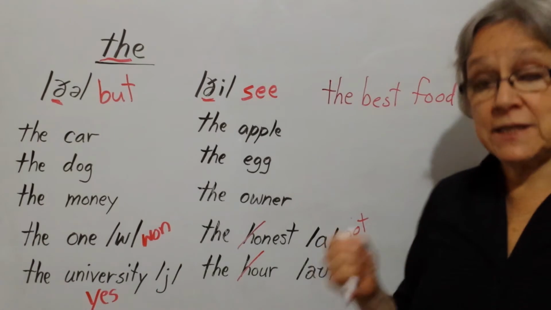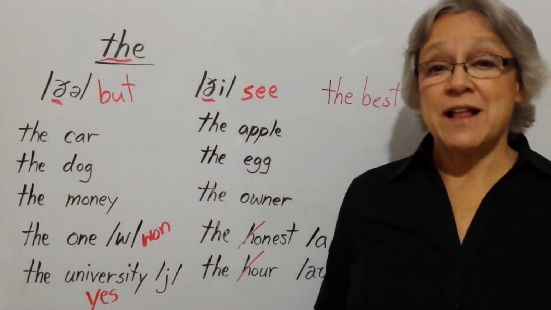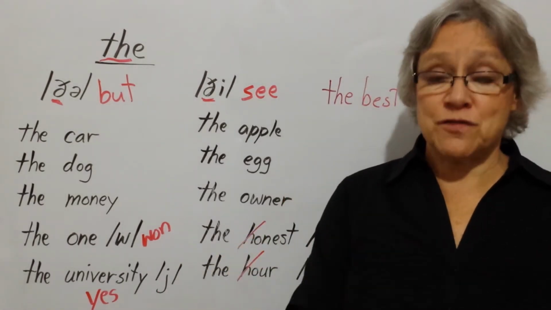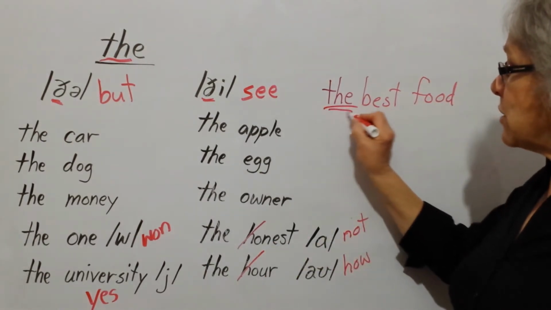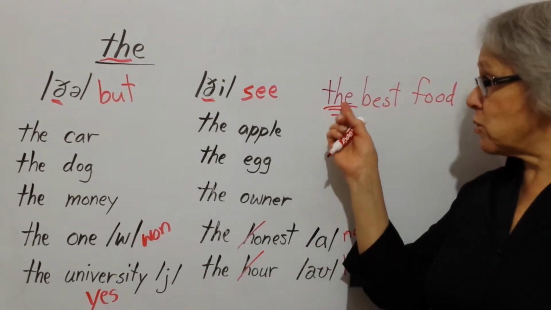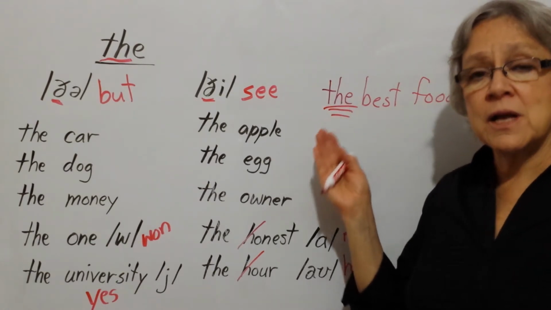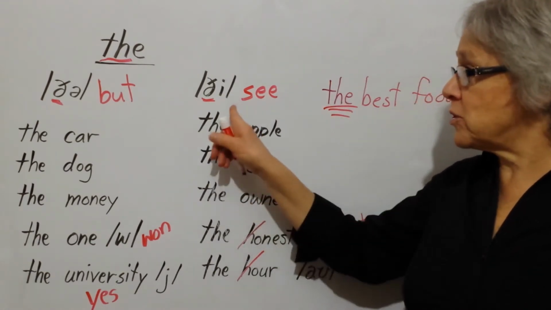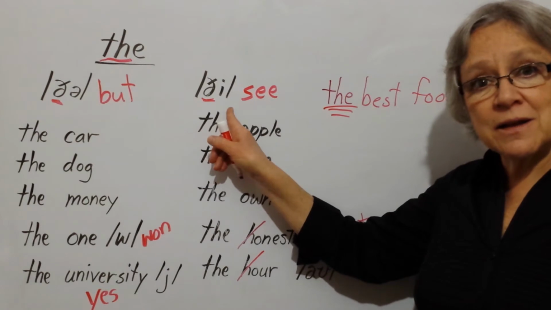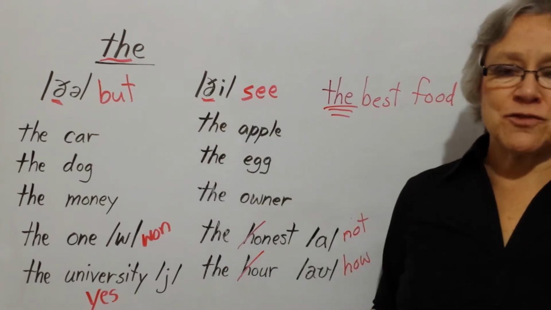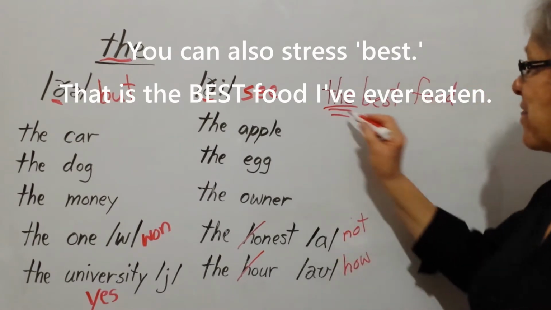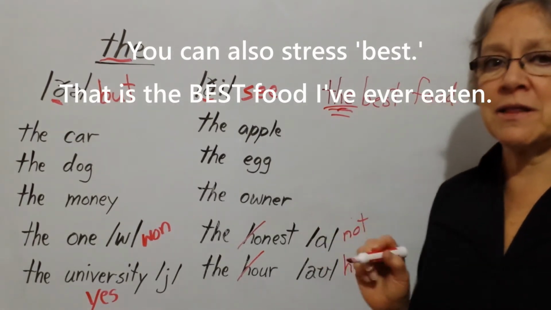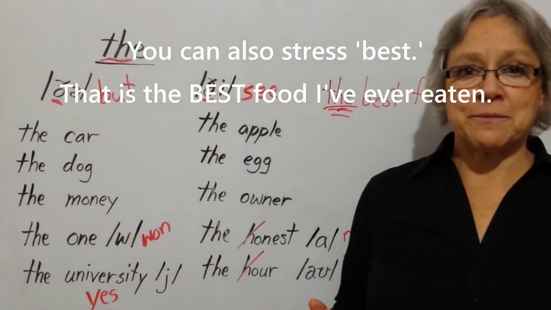But I want to really tell you, wow, this was delicious. That is the best food I have ever eaten, okay? So I'm really going to stress the word, which is normally the, but because I'm stressing it, I'm going to pronounce it this way, the. That is the best food I have ever had, okay, or I've ever eaten, okay, the best. So I'm stressing this idea that, wow, that was great.